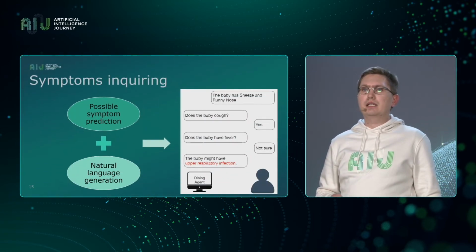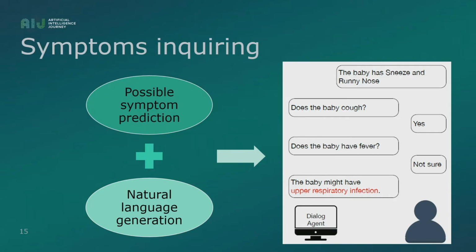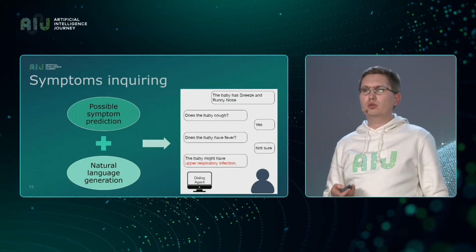It's been trained well. Next, the module to clarify symptoms. Why do we need it? For example, you have a patient approaching you, and the patient says that he has a sore throat and cough, or temperature. But we would like to ask whether the patient has a strong cough, dry cough, inflammation, red skin, or something like that. For that, we need a module that would assume additional auxiliary symptoms that this patient might have.